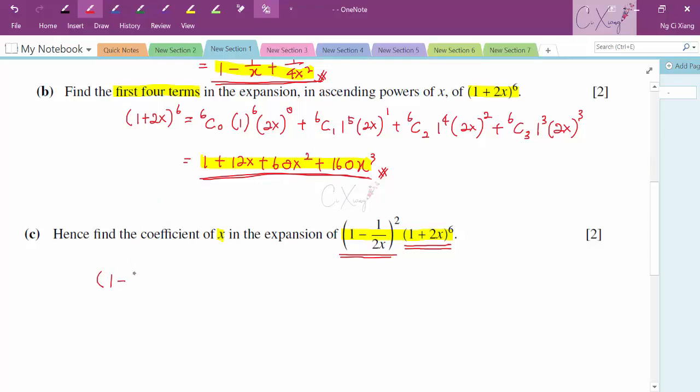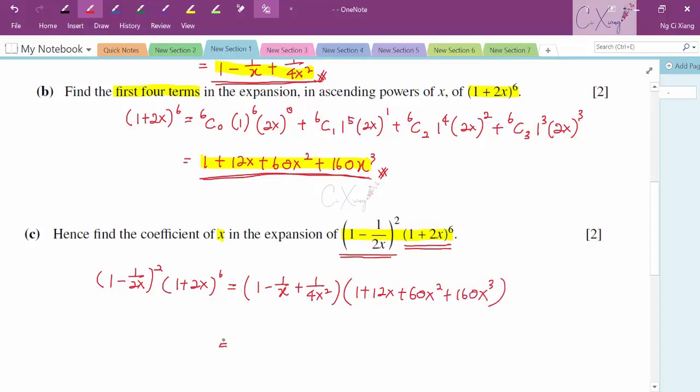I have (1 minus 1 over 2x) squared and also (1 plus 2x) to the power 6. I will bring in the expansions that I did for part A and part B. For part B, it is 1 plus 12x plus 60x squared up to 160x to the power 3.